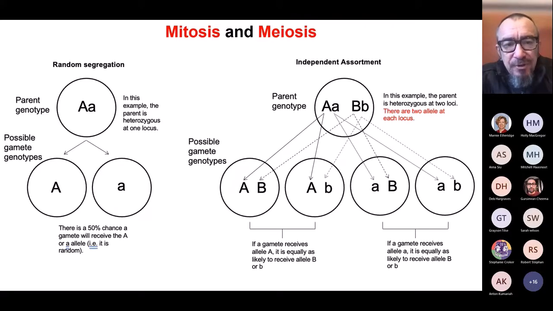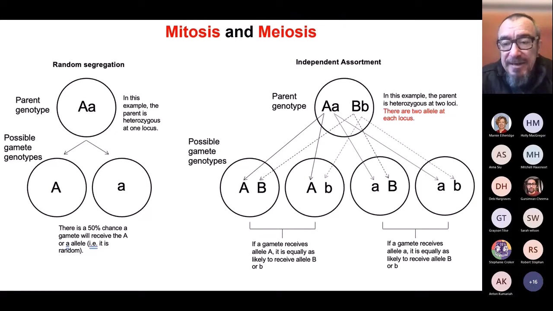Okay, so at the top here we've got the parent genotype. We've got a gene A, but it's heterozygous. We've got one of each of the alleles, and then we've got another gene, in this case B, and you will note what A is doing in terms of which allele, the capital A or the little a, ends up in the daughter cells, is independent of what occurs to the alleles of gene B.